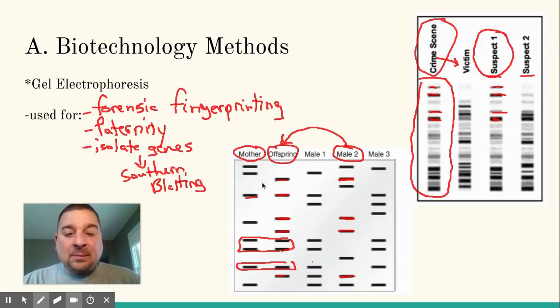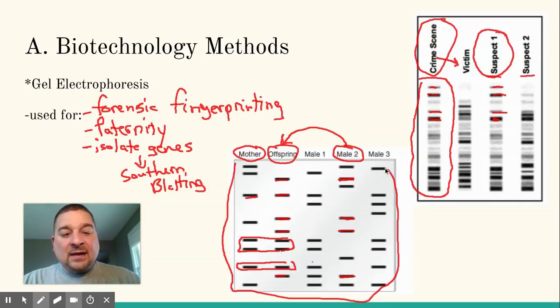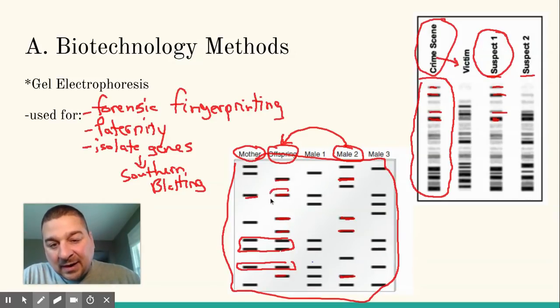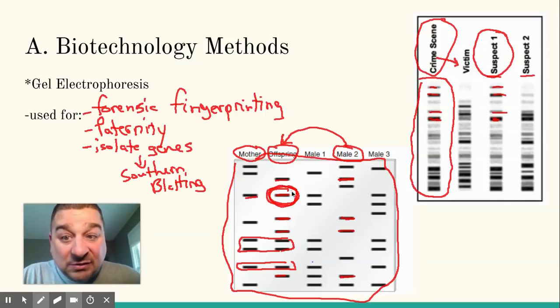That gets a little complicated, but they just take this gel and attach it to a film, and they can draw the DNA up out of the gel. Let's say they want this gene right here. They can just take a little knife and cut out that DNA, and they have isolated that gene from all the others in the genome. Then they can get it out and run it through PCR, which we just talked about, and make a lot of copies of it and use it for their experiments.